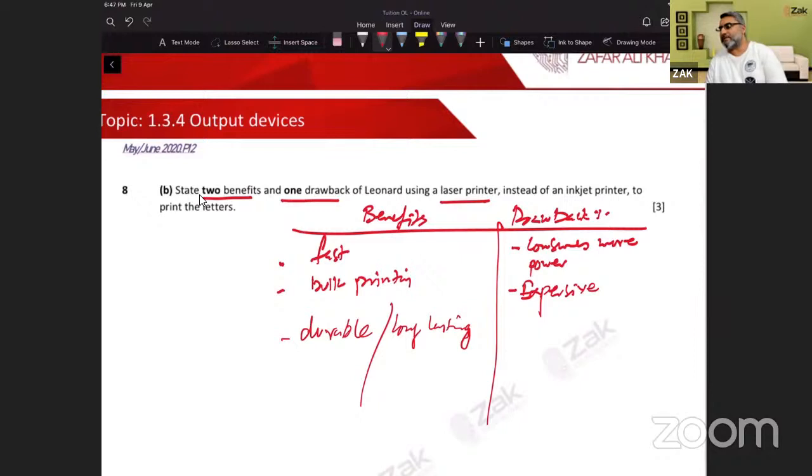Is it compulsory to write answers in points? Yes, it is. That is the best way of putting up answers.